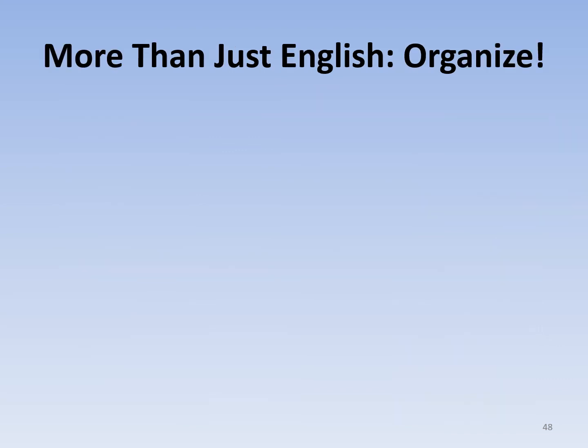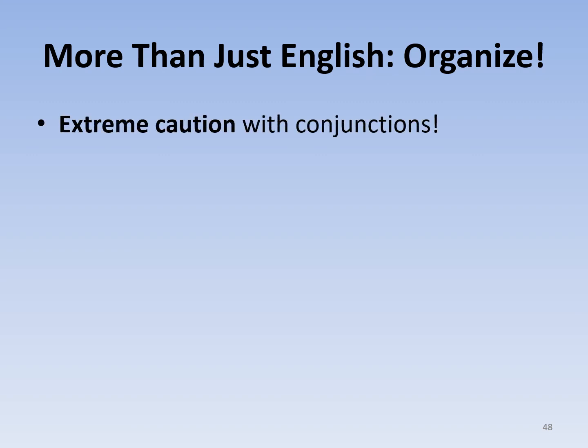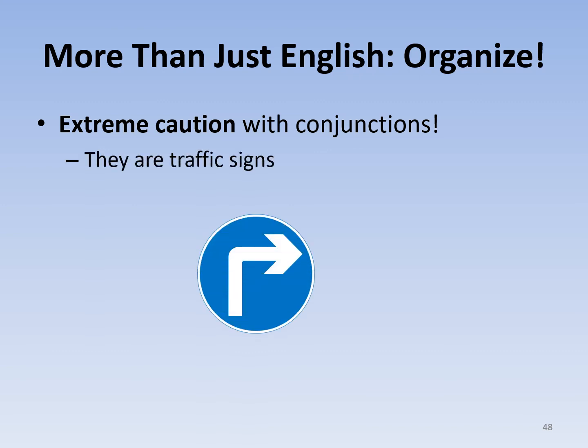And you also need to make sure that on top of writing things grammatically, you need to organize things properly. And pay particular attention to small words, even like and or but. They are simply conjunction words. You're not going to make a spelling mistake with and or but, right? But they are traffic signs, because you're guiding your reader from one thought to another.